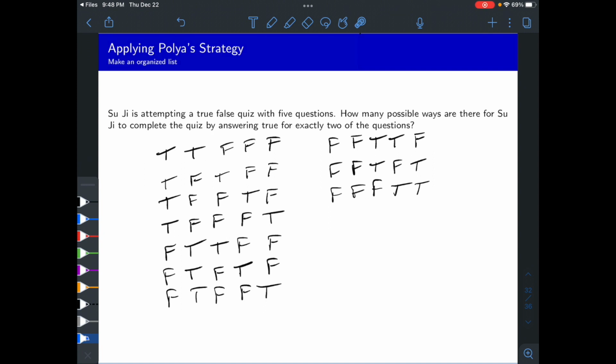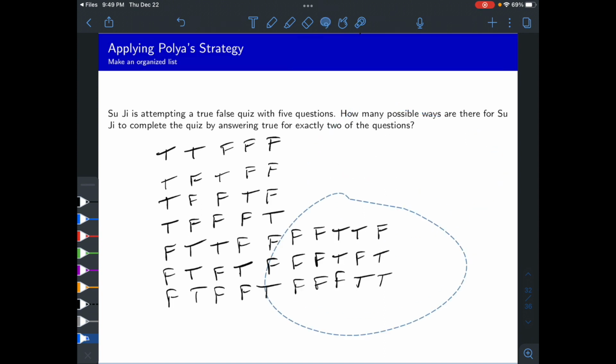And at this point, I think we've run out of options to write down, because if we make that fourth answer false, sure, we can make the fifth answer true, but we just don't have enough spots to put two true answers for this test now.